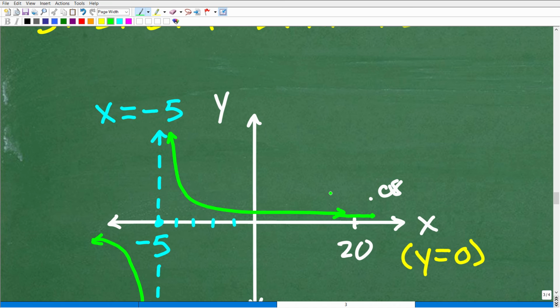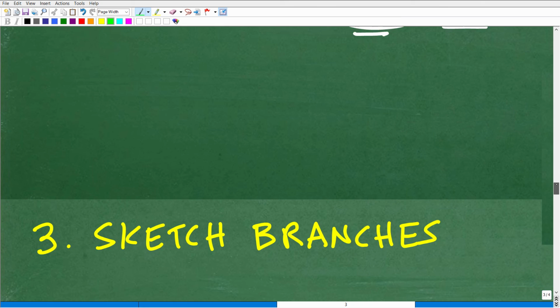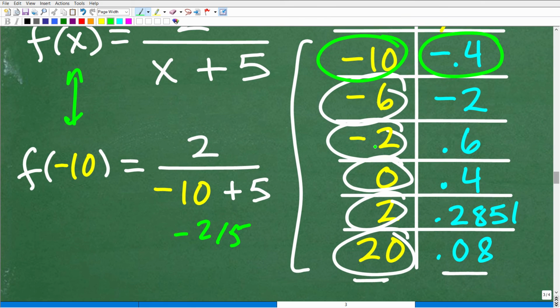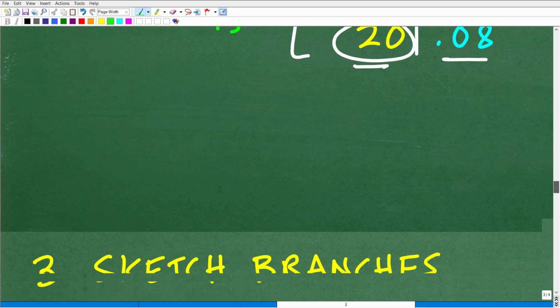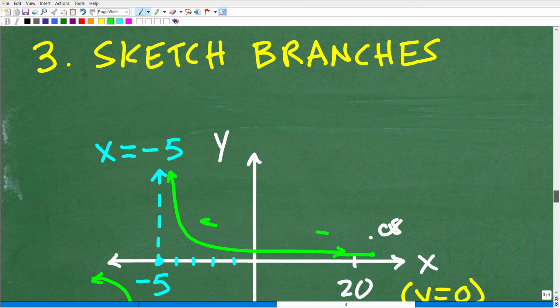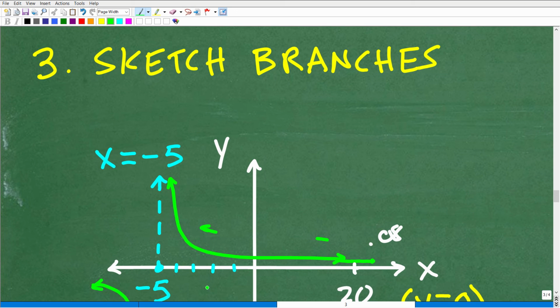Now, if I go this way and get closer to this asymptote, I had a point there at -2 on the right-hand side, where y is positive 0.6, which is, of course, bigger than 0.08. So right here at -2, it's going up. That might not be enough points for you to clearly see that, so you would want to select a few more points to see that this is really going to make a turn and go up this way.